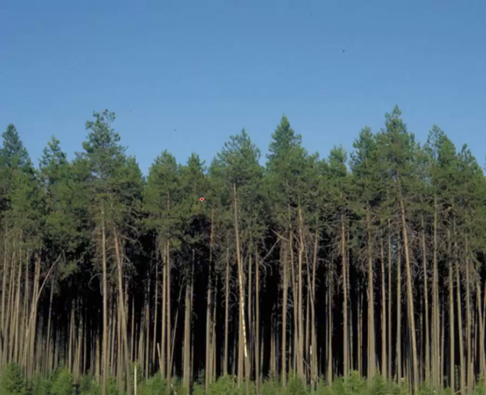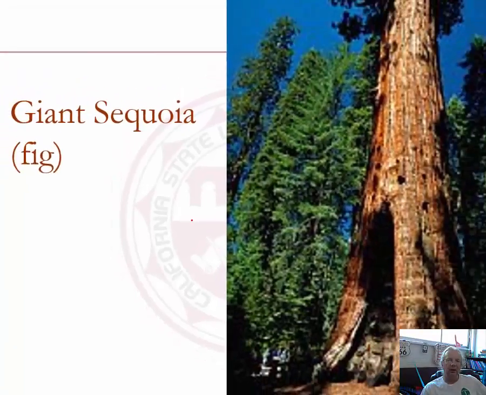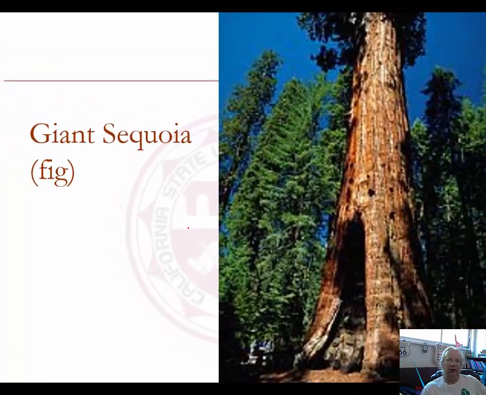Here's some photos of some lodgepole pines that you would find at elevations that are close to as high as you can get and still get trees. And the most famous of the trees that are in that area is the giant sequoia, which is the world's largest by volume tree. So it's essentially the biggest living thing on earth, these giant sequoias.